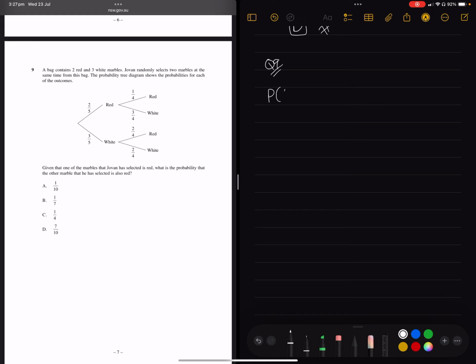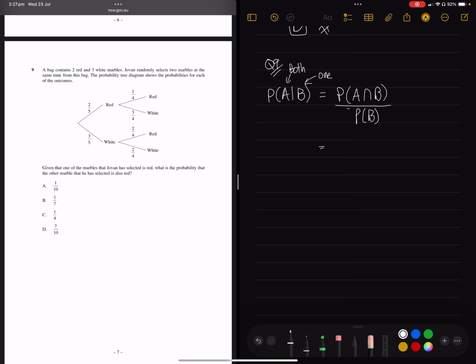So P of A given B is P of A intersection B over P of B. In this case, A is the probability that both are red, and B is the probability that one is red.